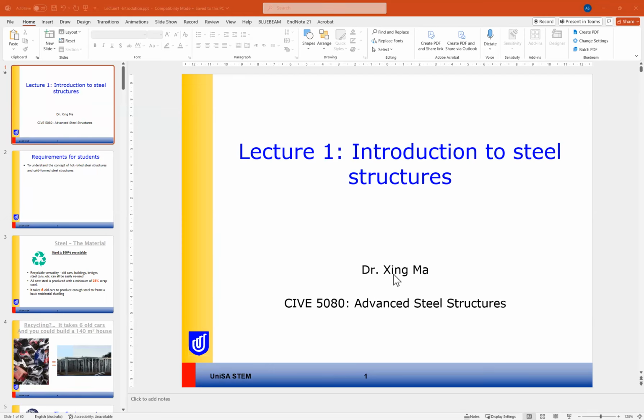The first part is design of hot rolled structural steel buildings, using hot rolled sections. And the other part is cold formed steel structures. Okay. And we have two major assessments and one final exam.